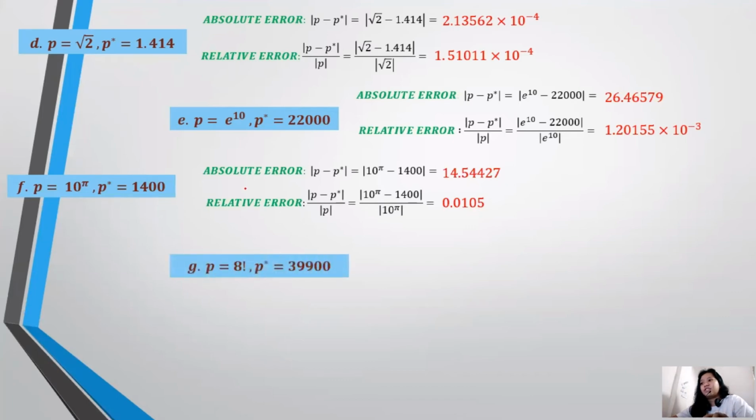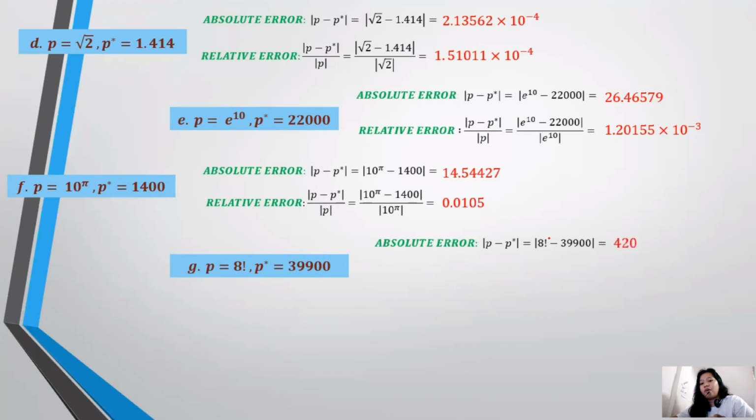Next is letter G. So here the given is P is equal to 8 factorial, and for the P asterisk, the approximate value rather, is 39,900. So using the formula, we have the difference between 8 factorial minus 39,900 in absolute value.